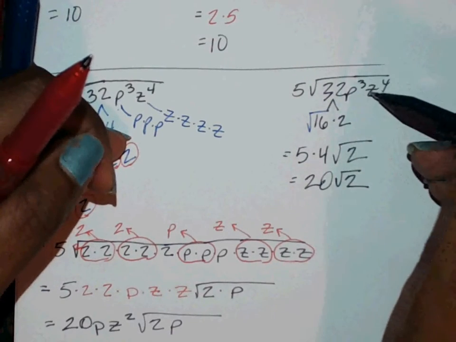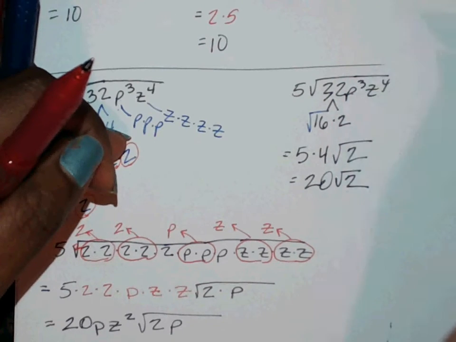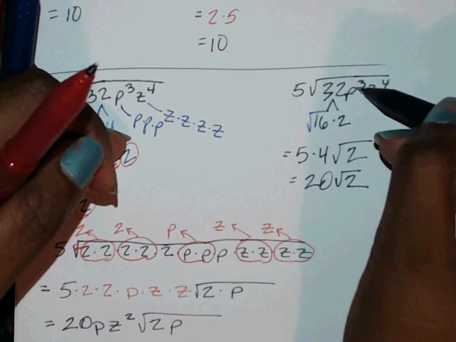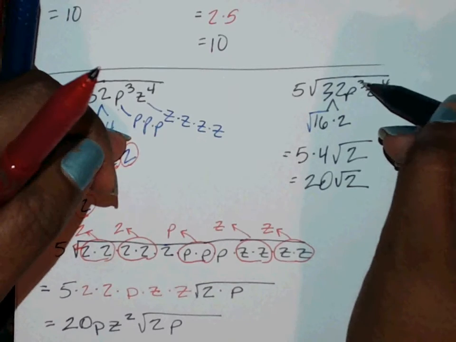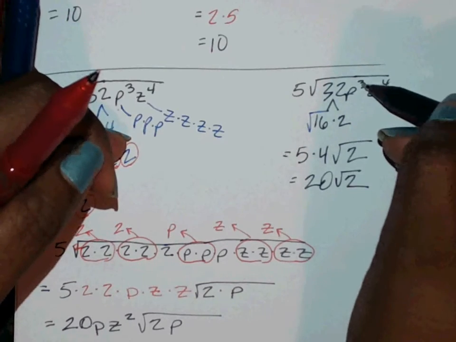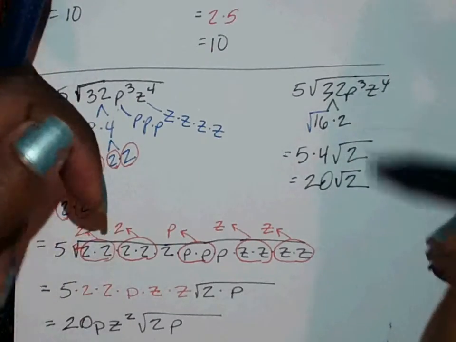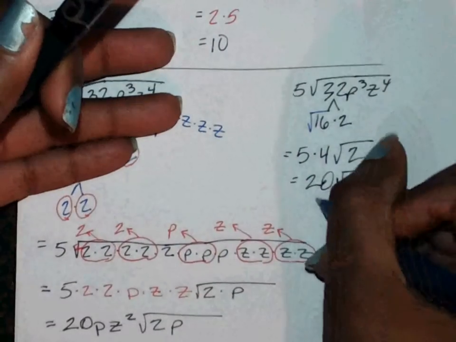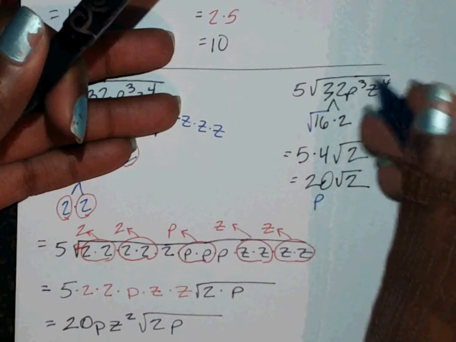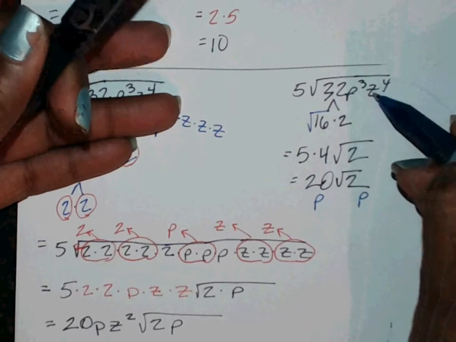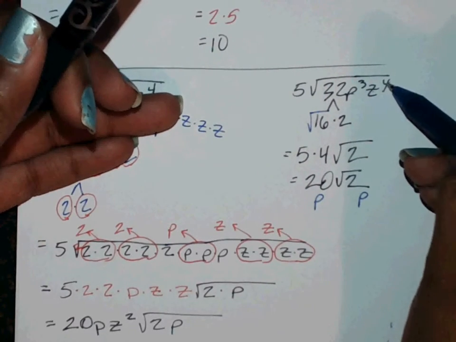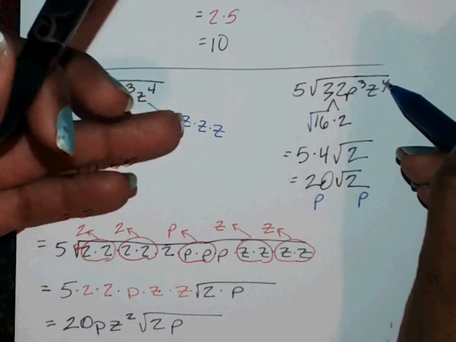And then what you can do is you can look here at your P's and your Z's. You need 2 of them. How many 2's go into 3? There's just 1. 3 divided by 2 is 1. And you have 1 left over. So that means you have 1 P outside of the house, and then you have 1 P inside. Right here, you have 4 Z's. 4 divided by 2 is 2, and it's perfect.